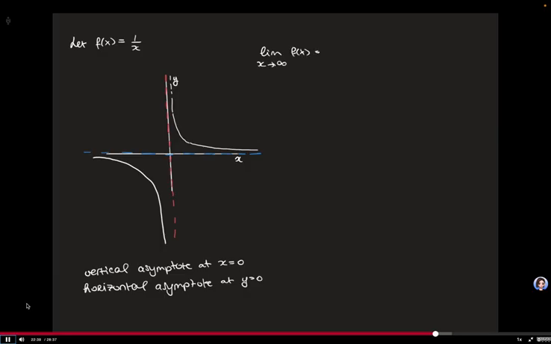This simply means that if we take x really large, we get to 0, but note that we never really reach 0, so it will always be a bit positive. And if we take x to minus infinity, so a really negative number, we also go to 0, and that's what you can see right here.